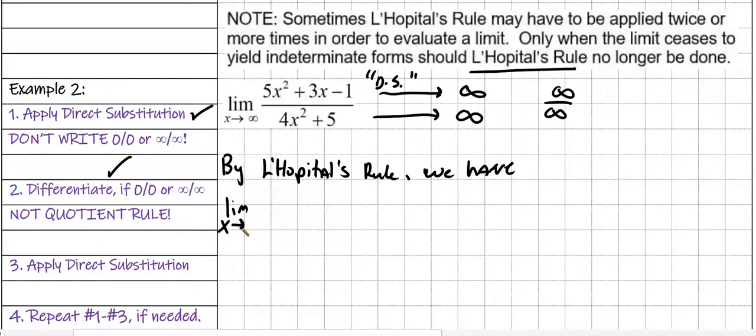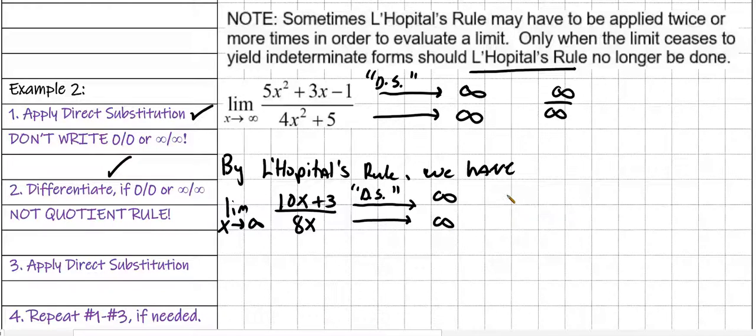So the limit as x approaches infinity of 10x plus 3 over 8x. And again, because I'm dealing with infinity, I'm going to apply direct substitution in quotations. And I noticed that applying infinity into the numerator will give me an infinity, and infinity in the denominator, which is yet again an indeterminate form.